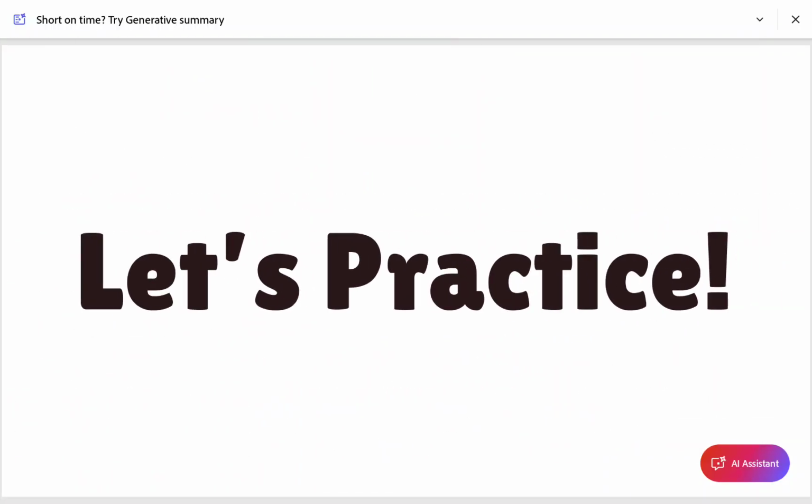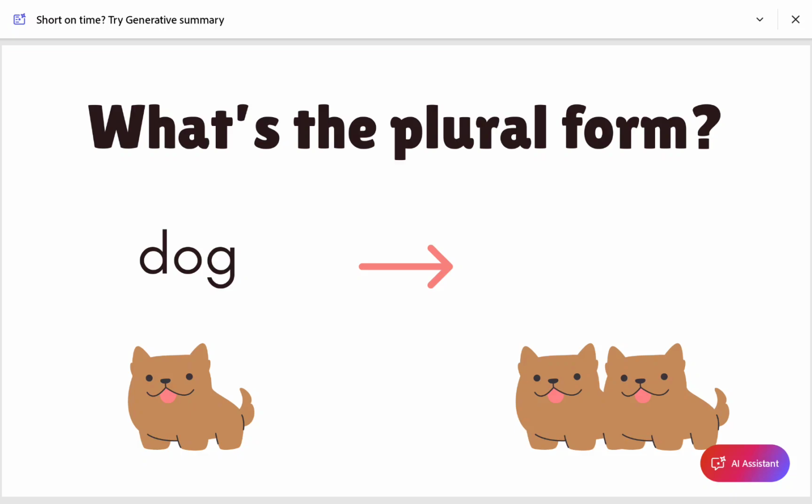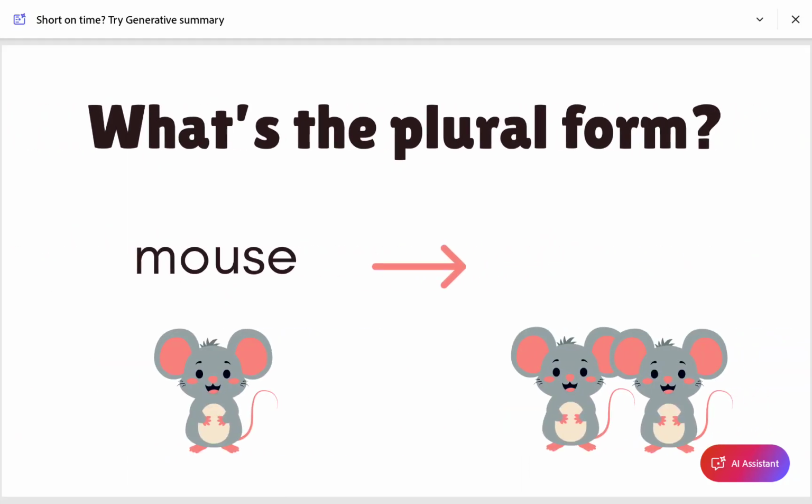Now let's practice. So what is the plural form of dog? It's dogs. Now, what is the plural form of mouse? Can you guess?